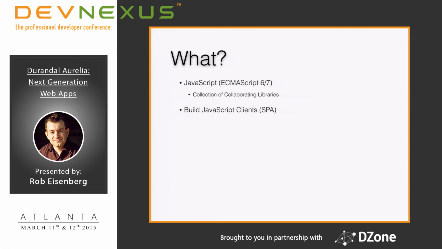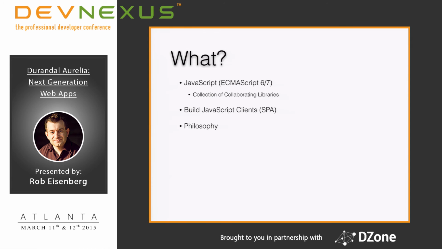The intent is to build rich, native-like experiences that are built with web technologies: HTML, JavaScript, and CSS. So these apps run in the browser, but they can also run inside of a host like PhoneGap and run on the phone or the tablet. Or you can use something like Node WebKit to run these on the desktop. So the idea is we want to write with JavaScript, HTML, and CSS and be able to deploy it to every platform.